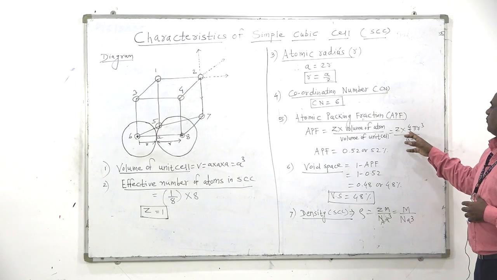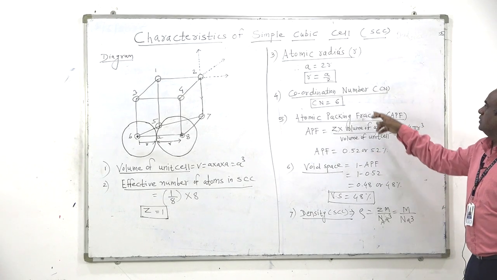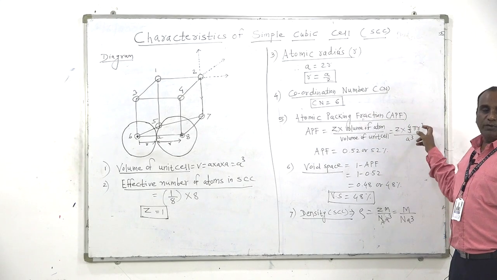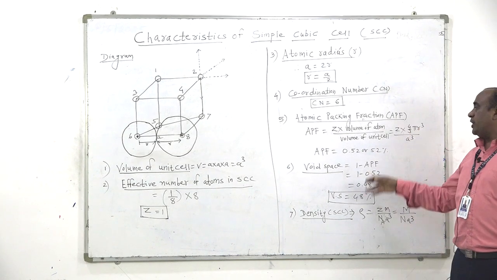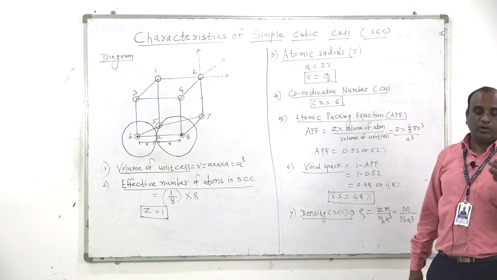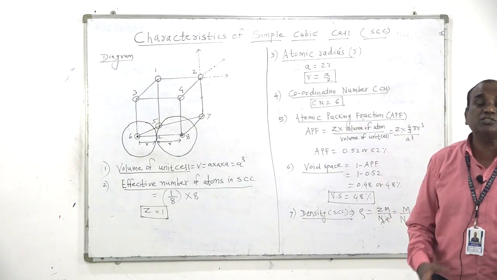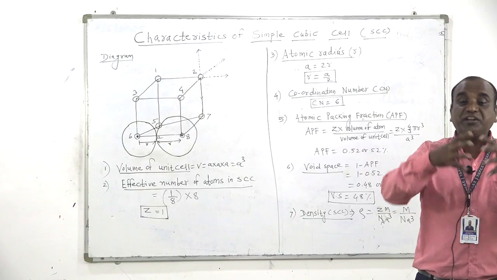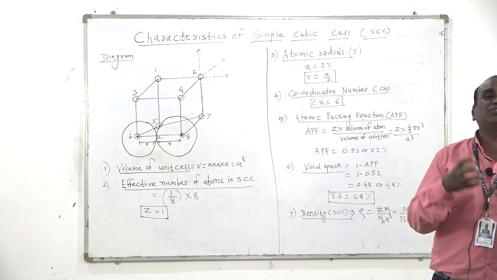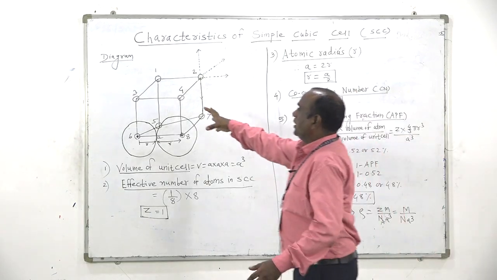If you put the value r equal to a by 2, it will solve. You will get 0.52, or 52%. Means 52% area or region will be captured by these atoms in this unit cell.